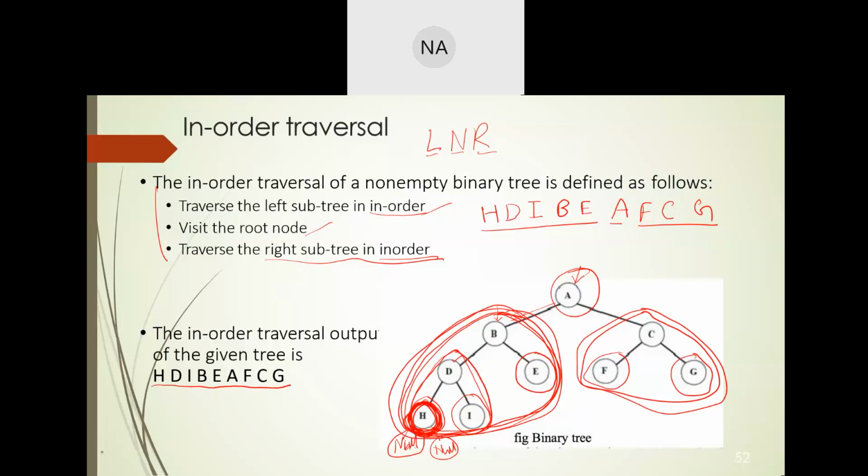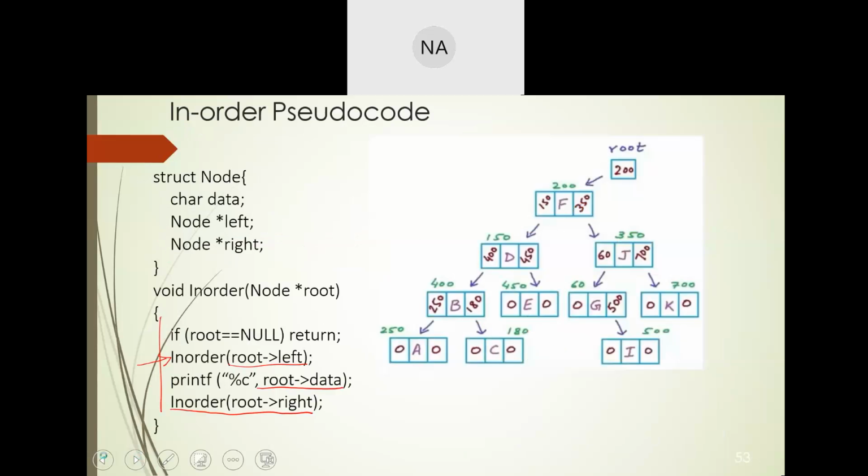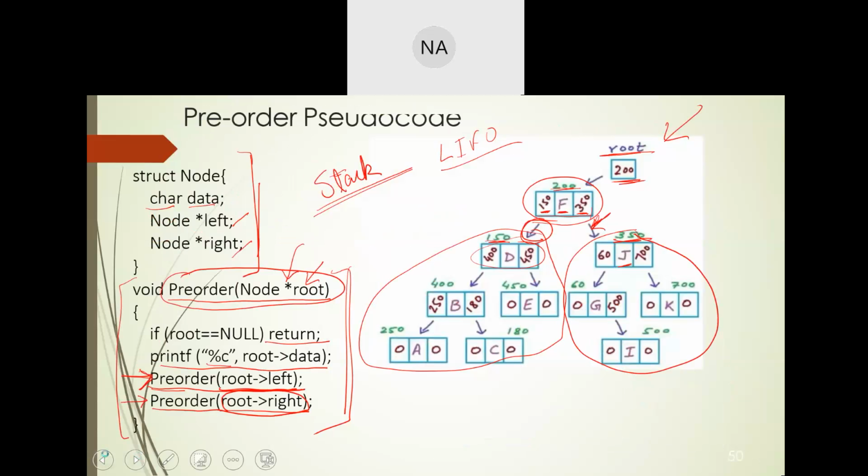The trick is that you draw the same path as we have drawn in the pre-order traversal. In fact, this path is not clearly visible in this figure. So let's see, where is this figure?